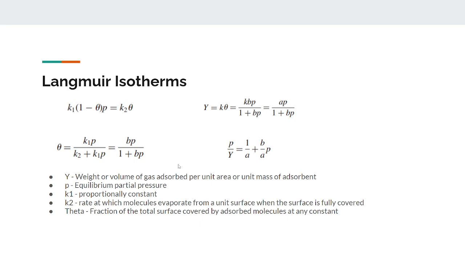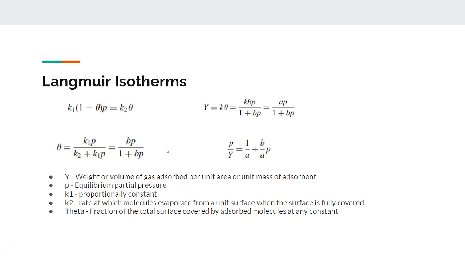Our P is the same, and you can also, with this bottom right equation, find the equilibrium partial pressure per weight or volume of gas absorbed. That's also per unit area or unit mass of absorbent. And we have a new variable here, theta, in this bottom left equation.